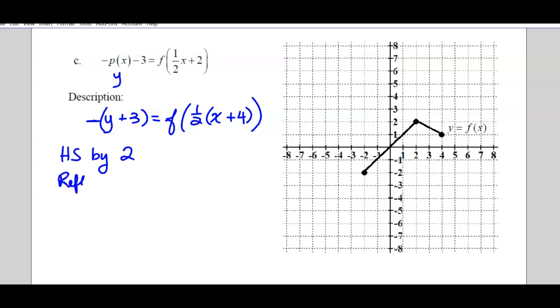Then reflection, there's just one negative, it's with y, so you're changing the sign of y, so that's over the x-axis. And then translations, again, doesn't matter which order. If I do horizontal translation, that would be left 4, vertical translation, down 3.